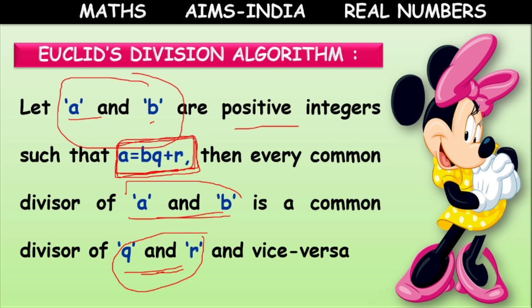If A and B are positive integers and they have a common divisor, that common divisor will be the common divisor for the other two variables, Q and R. This we are going to prove in this Euclid division algorithm.